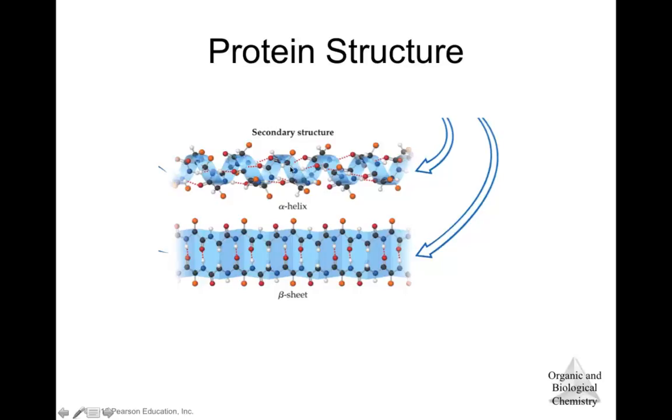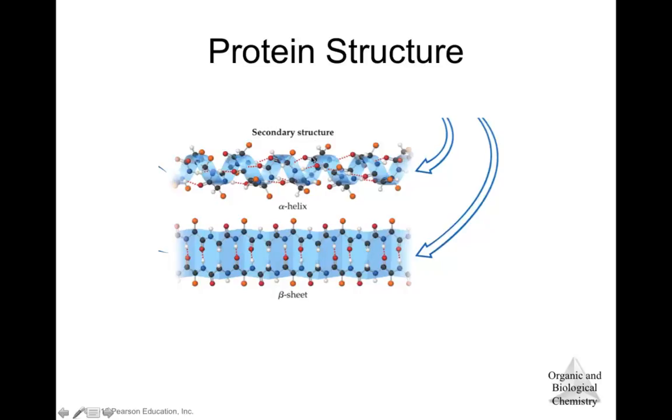So here we can see the interaction of the hydrogen bond between amino acids to create this type of structure that is known as the alpha helix. The other structure is the beta sheet, and we can see here the same concept between oxygen and hydrogen, between different amino acids, not the one that is closest to them in sequence. So they can create this type of arrangement that is called the beta sheet.